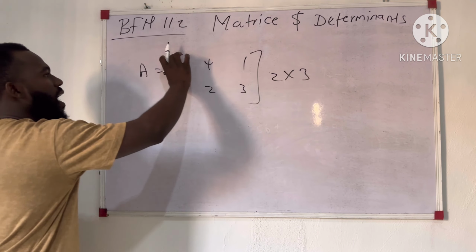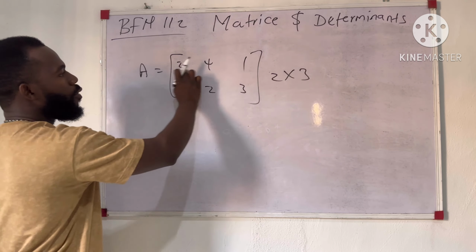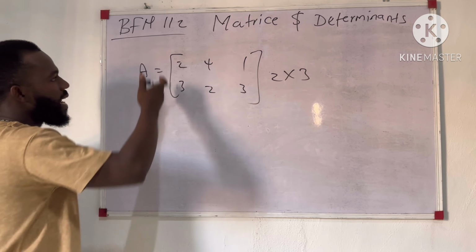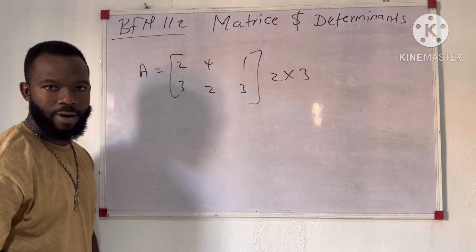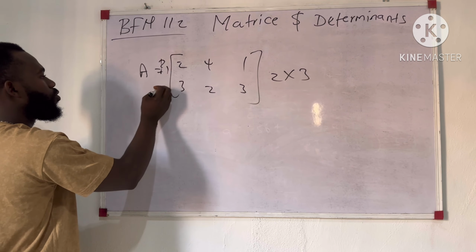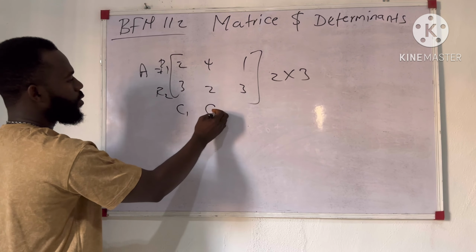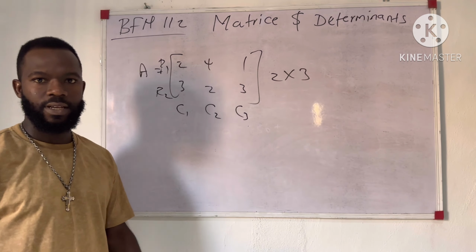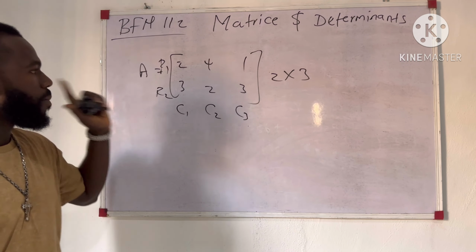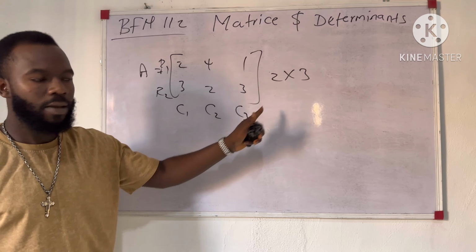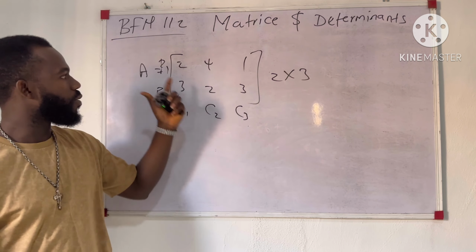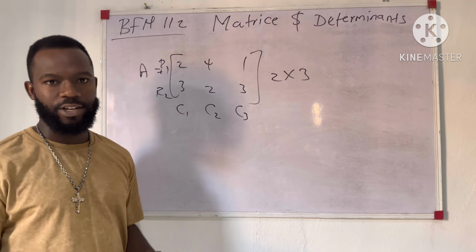Why? Because I have two rows, row 1 and row 2, and then I have 3 columns: column 1, column 2, and column 3. Mind you, when you are pronouncing, make sure you pronounce the rows before you pronounce the columns. So I have a 2 by 3 matrix.